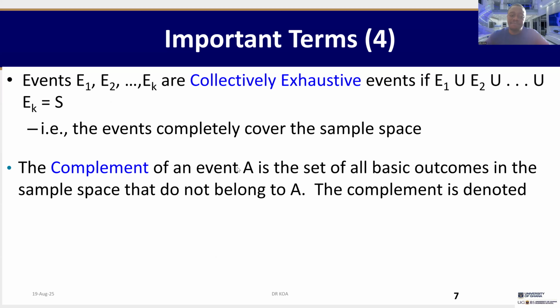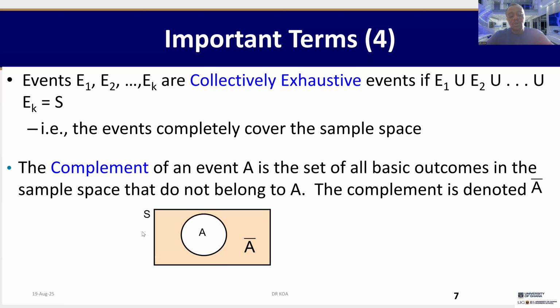The next thing is complement of an event. An event called event A has a complement if there is something that doesn't belong to A. So let's go back here. I was going to draw, but let me just use this one.